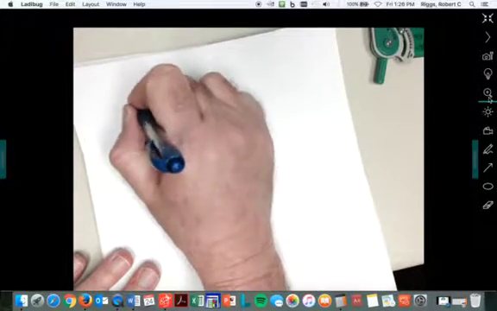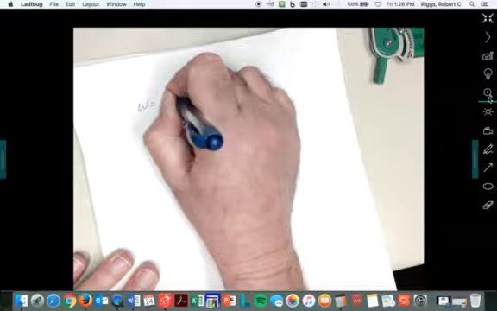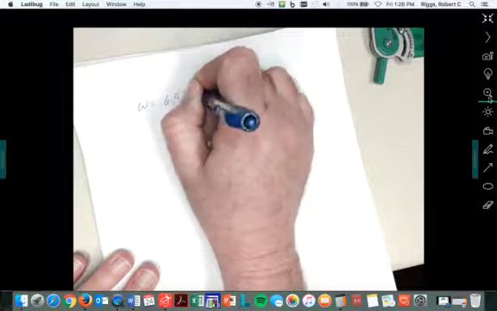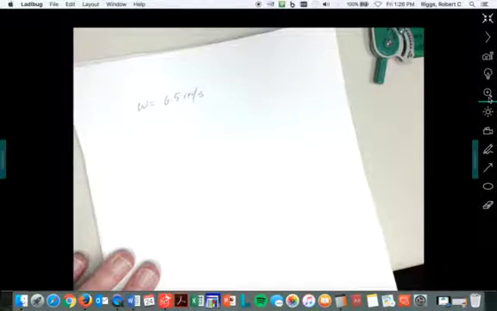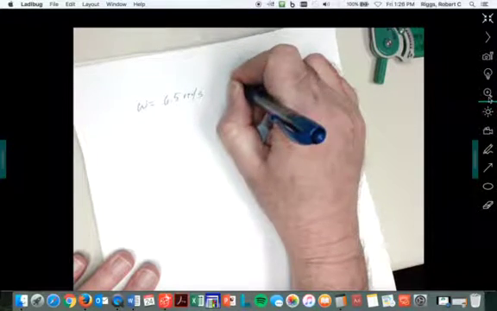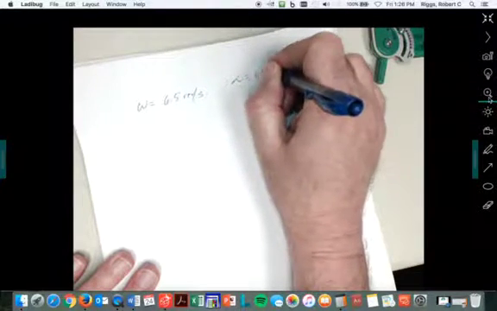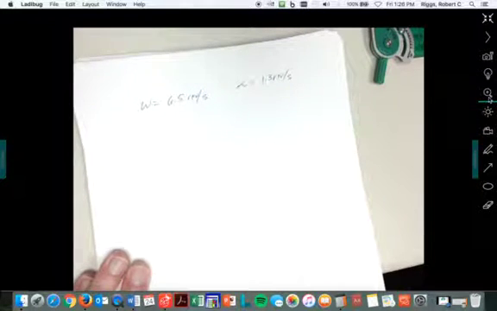So we know omega is 6.5 revolutions per second, and alpha is 1.3 revolutions per second squared. That's moving pretty quick.